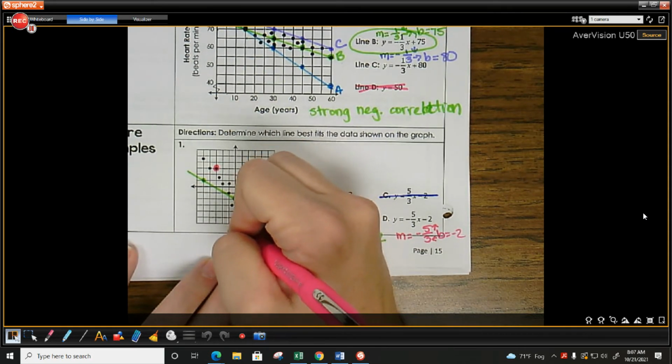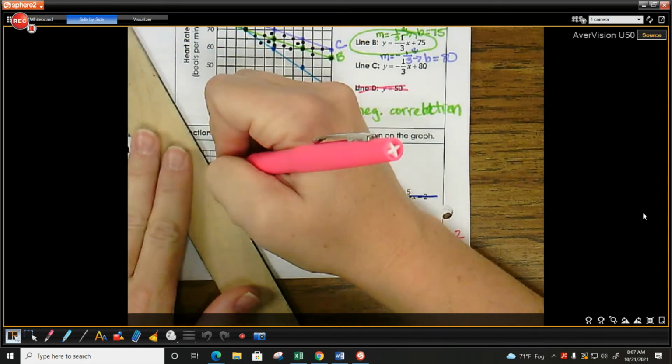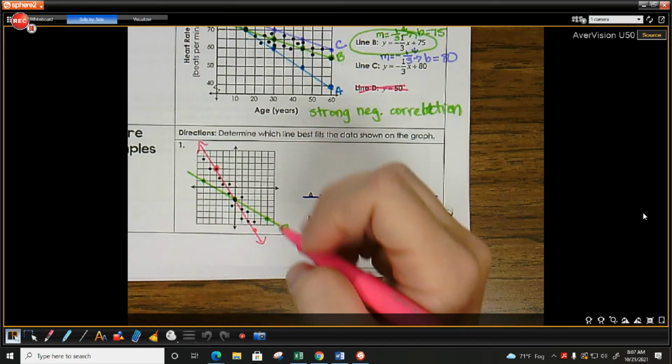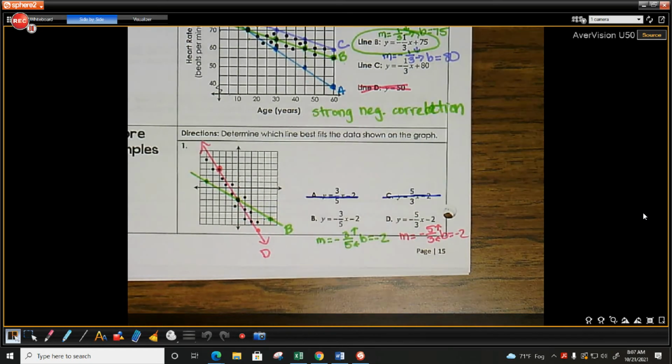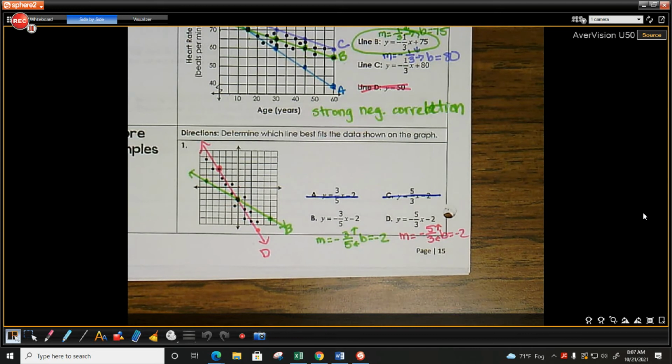Okay. And that is D. Which one looks better? D's better. D's my answer. We good with that?